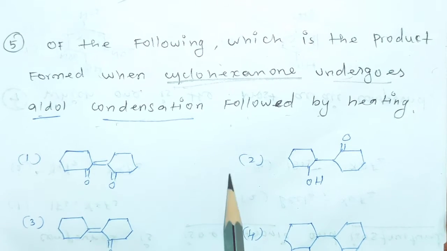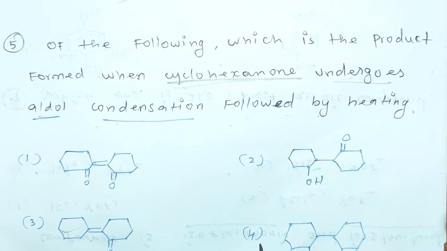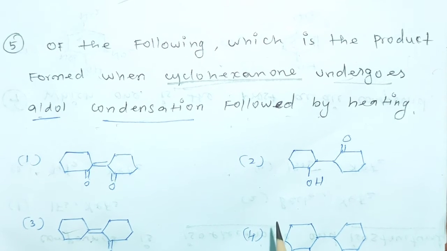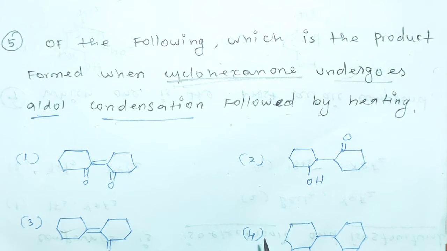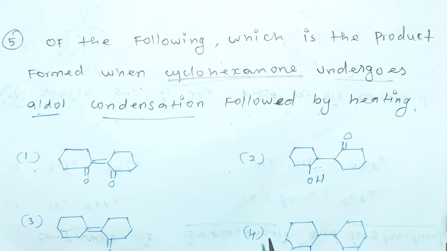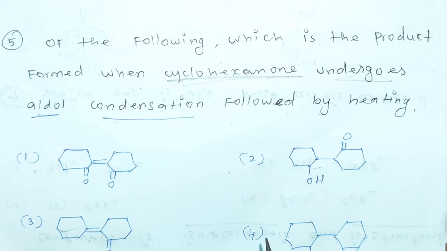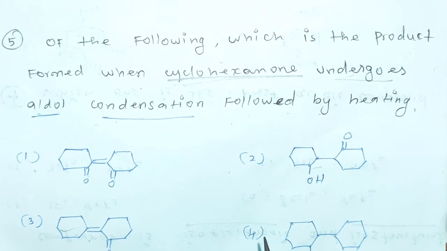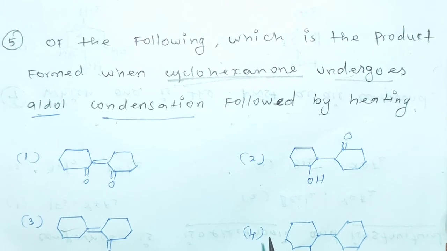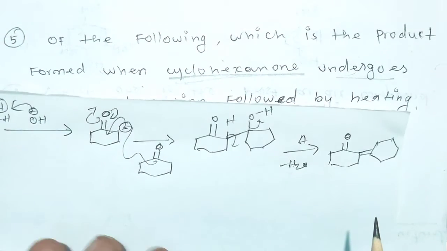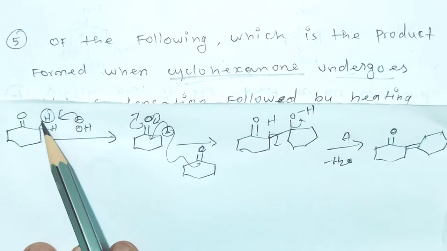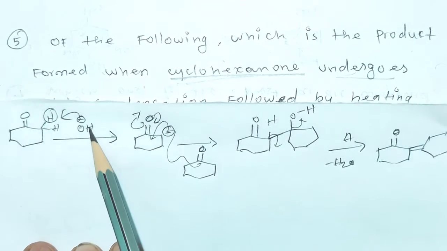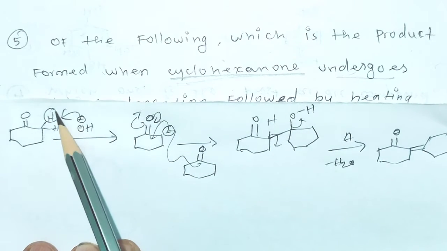We will see the mechanism; you should know the aldol mechanism. Aldol mechanism means we take 2 cyclohexanone molecules in presence of base to form the aldol, followed by heat, and we will get one compound. You see this mechanism. Now we take 1 mole of cyclohexanone in presence of base. Now this base takes one hydrogen.